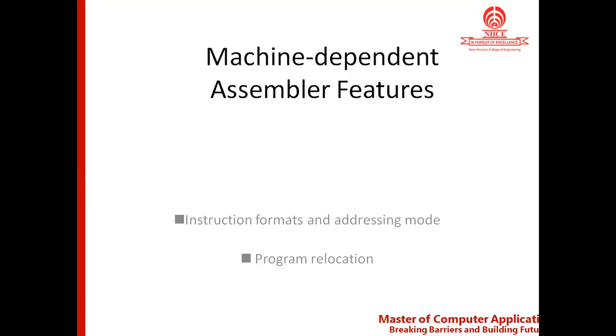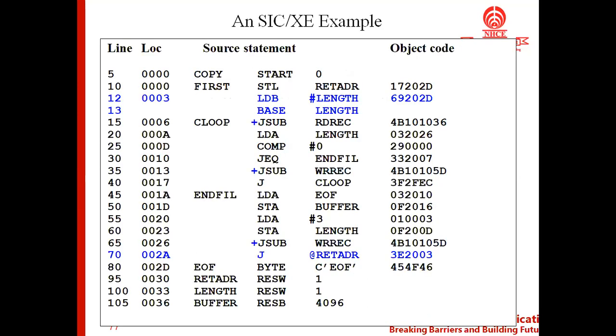The first one is instruction format and addressing mode. So what actually are the instruction format and addressing modes? Why does this particular concept come under the machine dependent assembler features? As we know, in SAC and SAC-XC machine architecture, we don't see the same kind of instruction format or the same type of addressing mode.